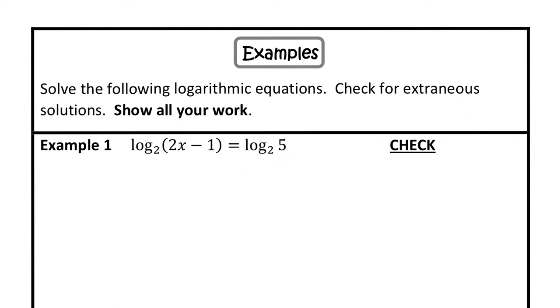If I have two logs equal to each other and they have the same base, in this case the base is 2, then what can I say about the contents of the log? What can I say about 2x minus 1 and 5? I can say that they must be equal to each other.